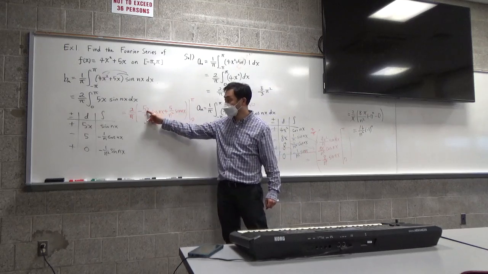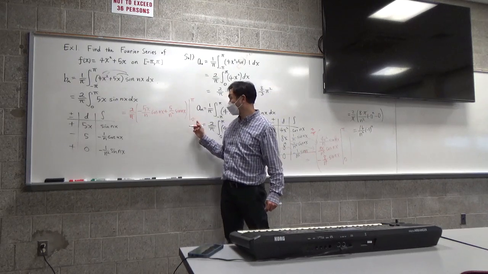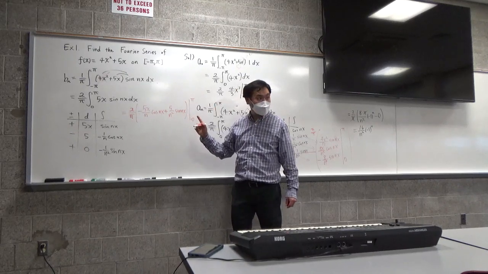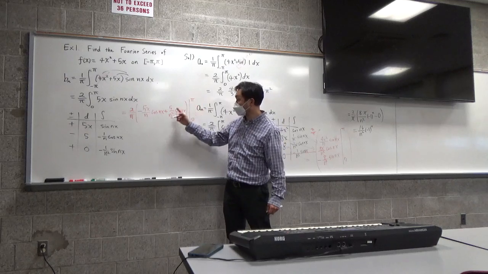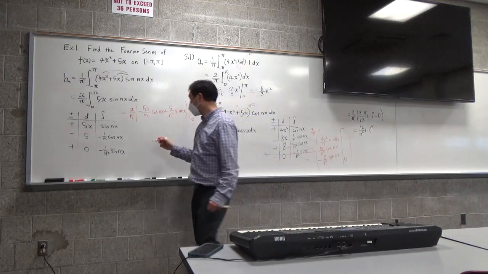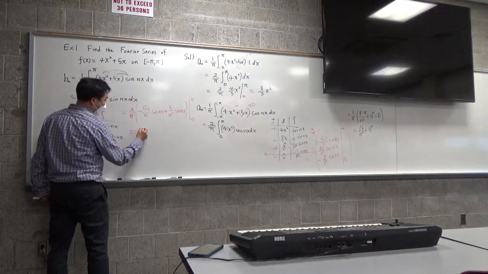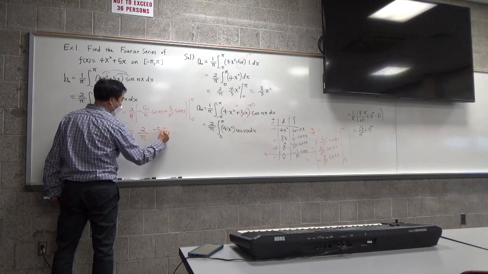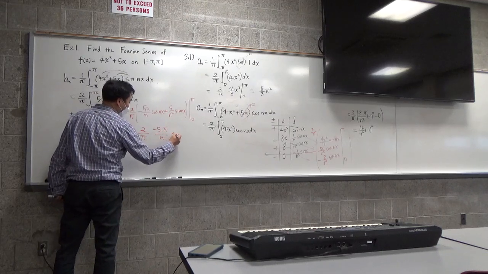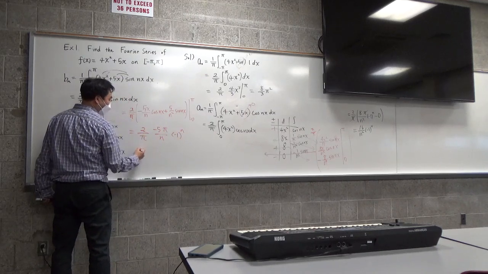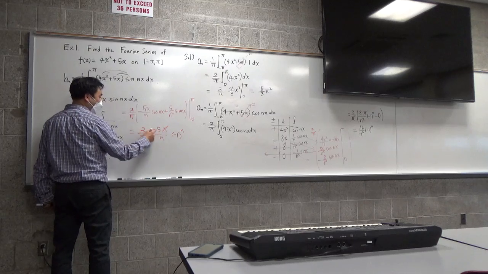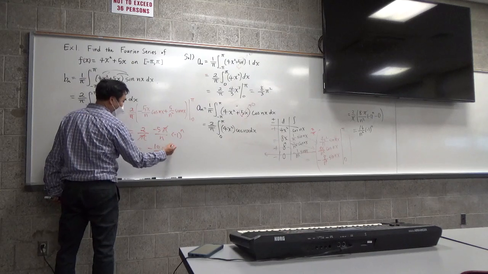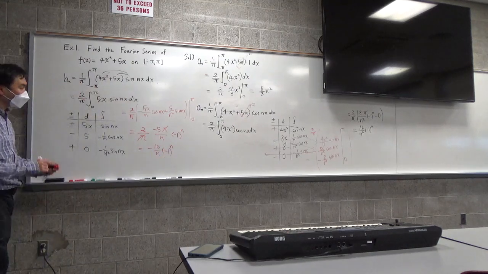When you plug in 0 here because of this x, it's going to be 0. When you plug in 0 here, again, sine 0 is 0. So the only non-zero thing that you're going to get is when pi is plugged into the first one. Therefore, the answer would be 2 over pi times negative 5 times pi over n times negative 1 to the nth power. Pi and pi will cancel. 2 times negative 5 is negative 10 over n. And you get negative 1 to the nth power. So that's your Bn.